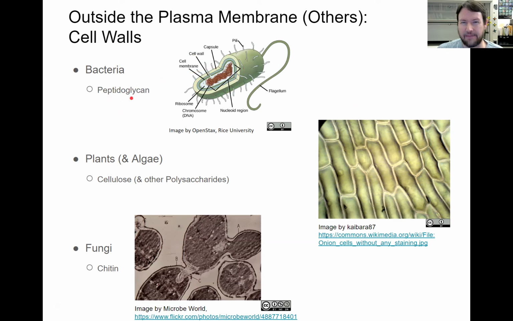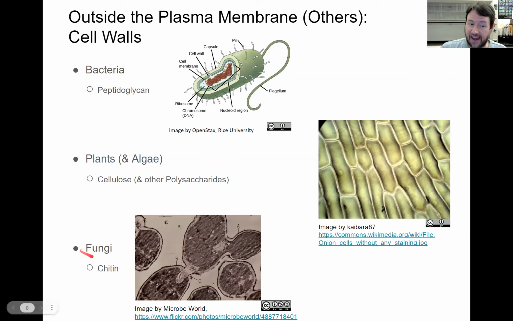So it's basically a modified protein that they use for their cell wall, or a couple of modified amino acids. In plants and algae, they use cellulose primarily, and sometimes some other polysaccharides, but we're going to say mostly cellulose to form that really thick cell wall that makes up anything made out of wood, or like the plant cells that you saw in lab. That really thick cell wall was cellulose.